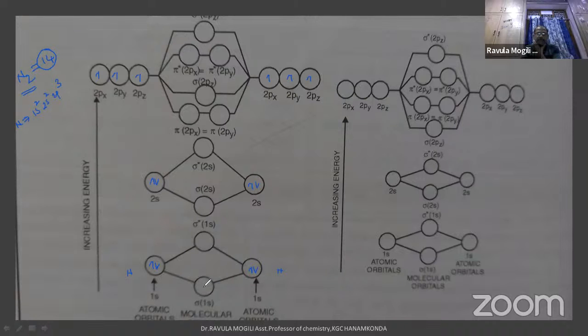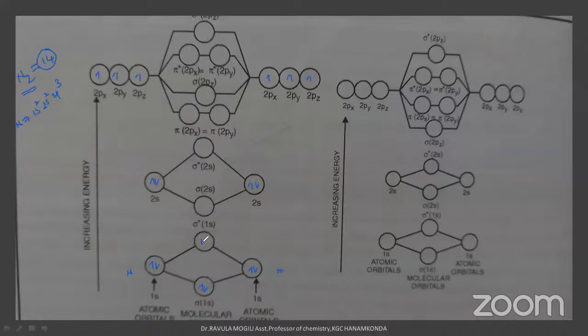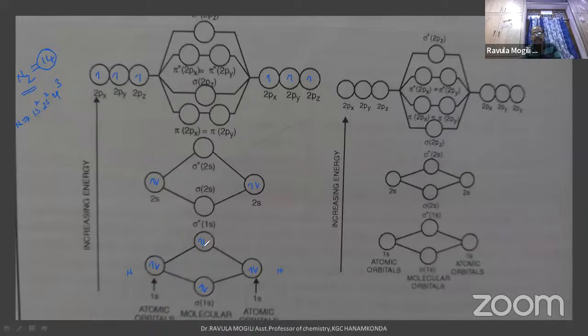Of these 4 electrons, 2 electrons enter the sigma bonding, and the remaining 2 enter the sigma star 1s, the anti-bonding orbital. This is 2s and 2s. Of 4 electrons, 2 enter the sigma bonding, and the remaining 2 enter the sigma star anti-bonding orbital.